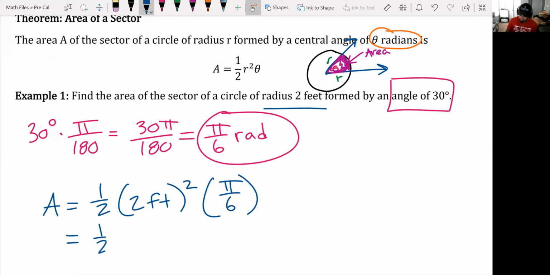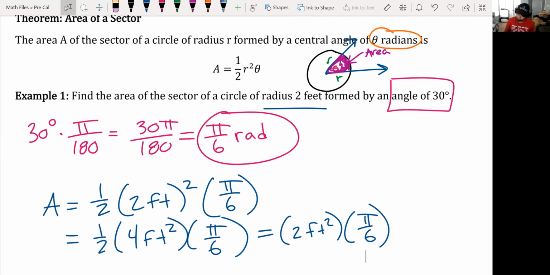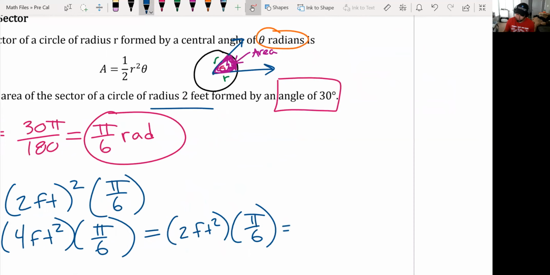We'll get 1/2 times 4 square feet times pi over 6, and then 1/2 of 4 is 2. So you have 2 square feet times pi over 6, which will give us 2 pi over 6, or pi over 3 square feet.